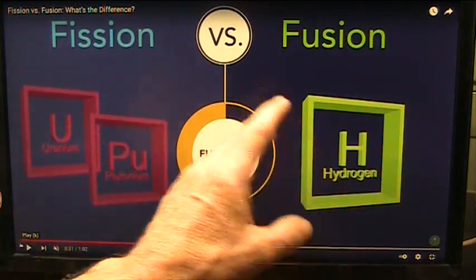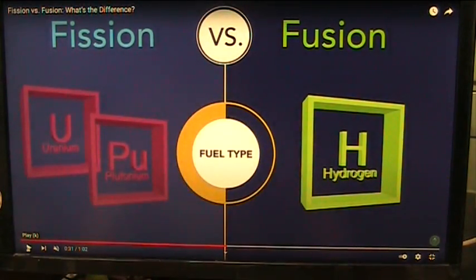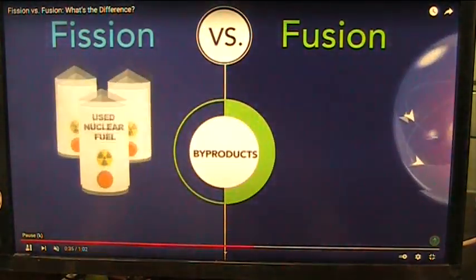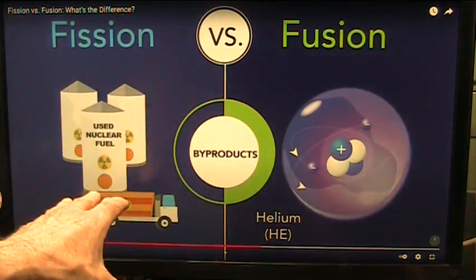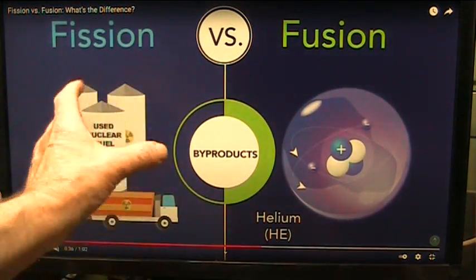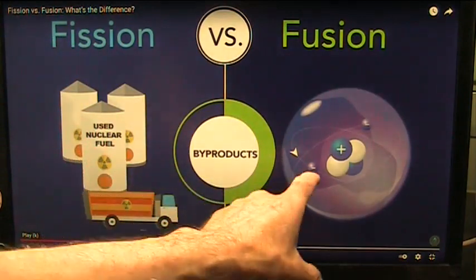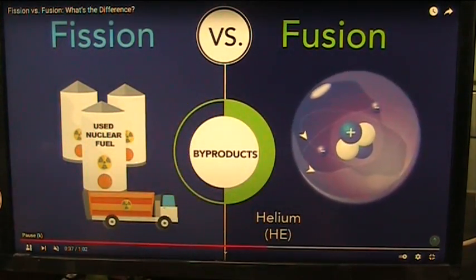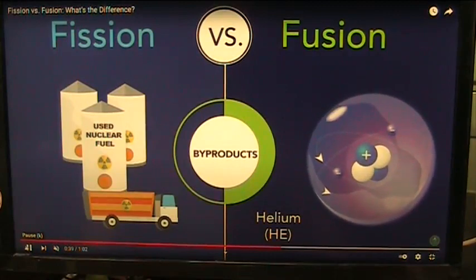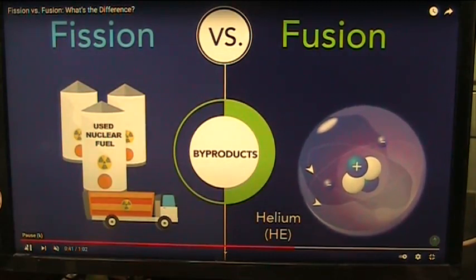Fusion uses hydrogen. I agree, because hydrogen is basically what electrons are, in the hydrogen range. They're the smallest little particles there is. So here are the byproducts. They're going to be nuclear fuel, or use fission, because they're just gigantic particles. Helium is the product of fusing hydrogen. Now, we're just going to have light. We're not even going to get to the helium stage.